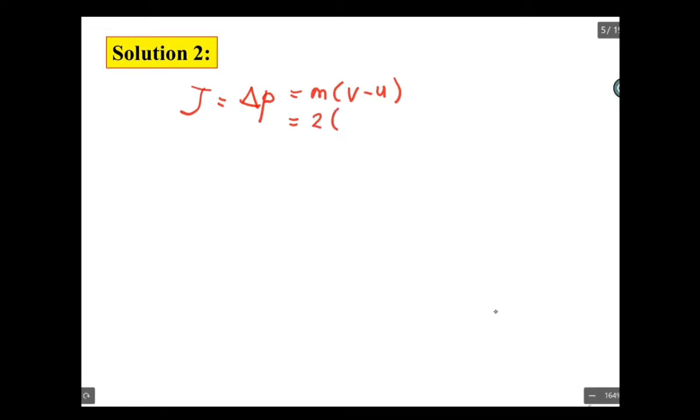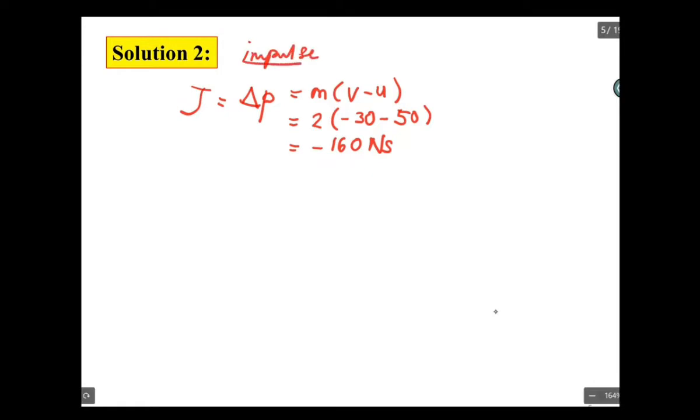And velocity given is negative 30 minus 50. Okay, you get the answer is negative 160 Newton second. So, soalan tanya, ini untuk impulse.